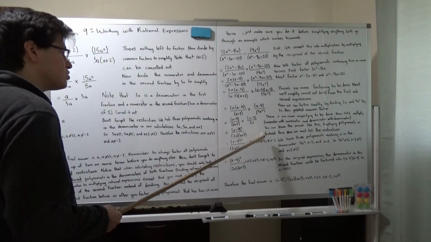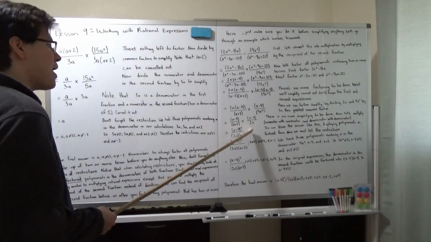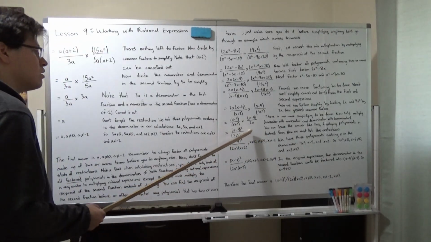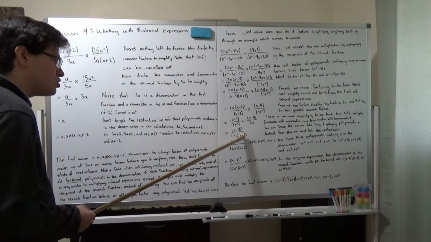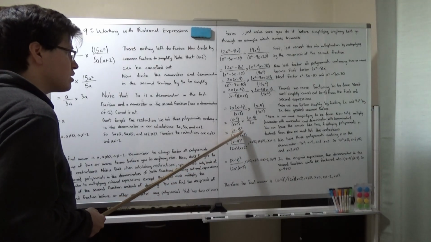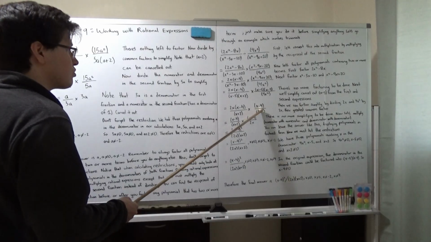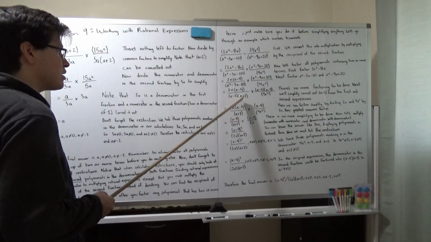Now we must list the restrictions. We go back and check wherever we had x in the denominator. We had x plus 2, we had 2x, and we had 4x squared. And we also had x minus 5.